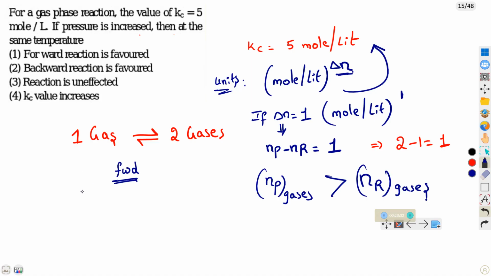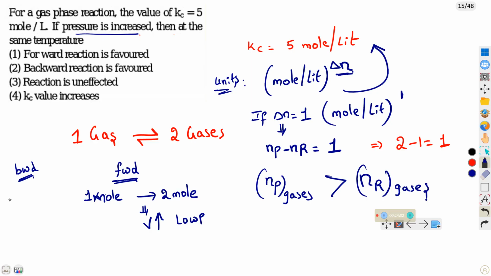In the forward direction, 1 mole of gaseous reactant is converted to 2 moles of gaseous product. That means volume increases, so low pressure favors it. But here pressure is increased, so apply Le Chatelier's principle: backward direction.